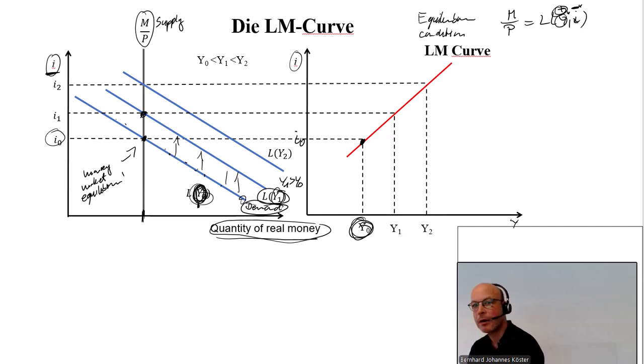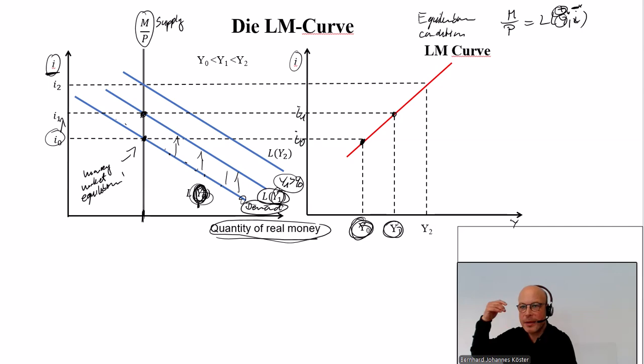Then, of course, our money market equilibrium is changing. This means we have to use a higher income since y1 is larger than y0. And from the equilibrium, we also see that the interest rate is increasing. So to y1 corresponds now a higher interest rate. This would be another possible money market equilibrium.